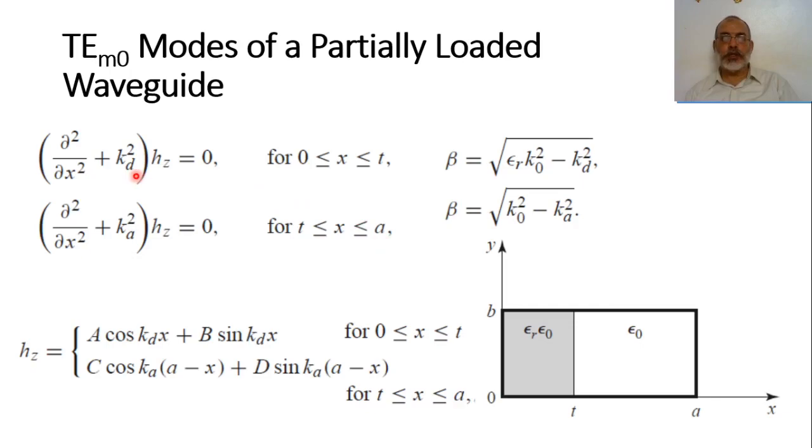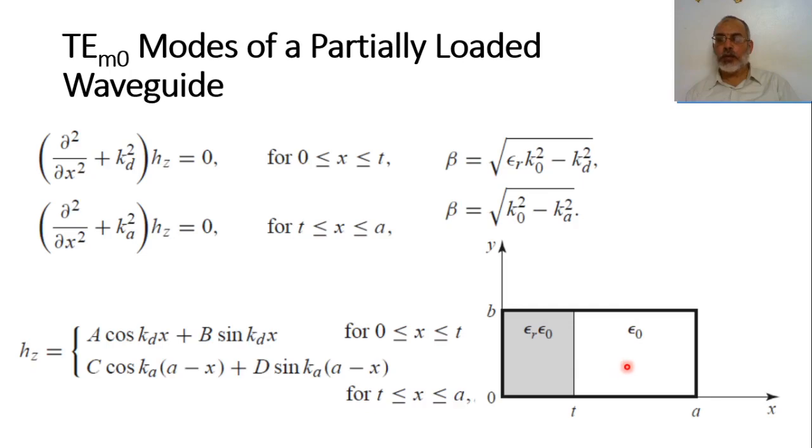In the first equation, the propagation constant beta would be square root of epsilon r k naught squared minus kd squared. While in the second section, the free space section, the propagation constant would be square root of k naught squared minus ka squared. In both cases, the propagation constant along the z direction should be the same.